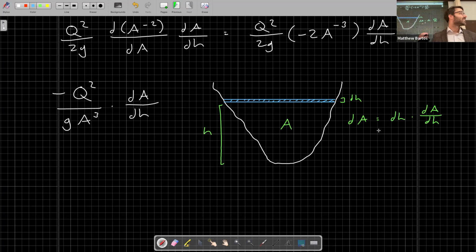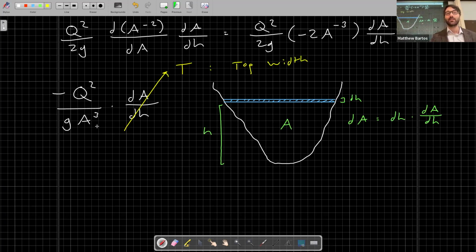The length of this surface here, which will be called what? The top width of the channel. So dA by dH, this is the top width of the channel.